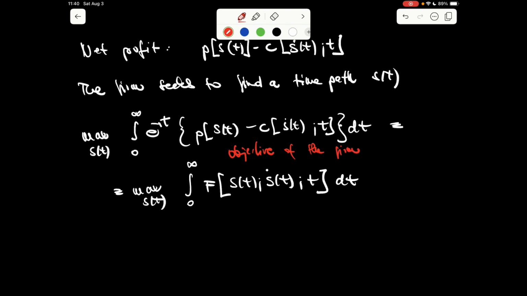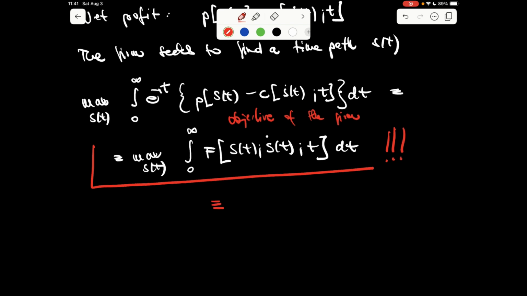To maximize this function, which can be wrapped up as a functional in which the unknown is a function, the optimum path for the capital stock S(t).